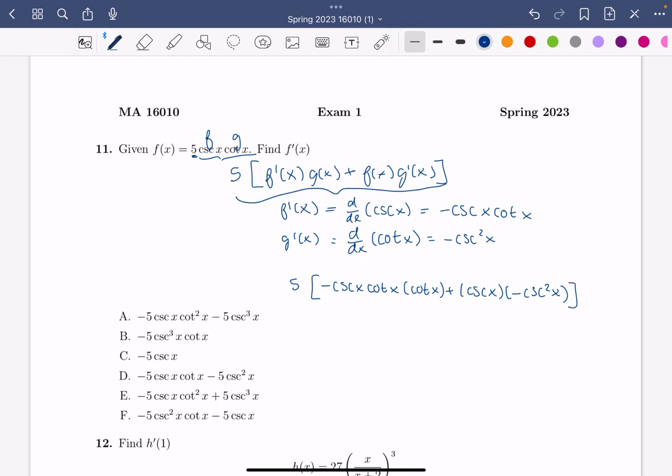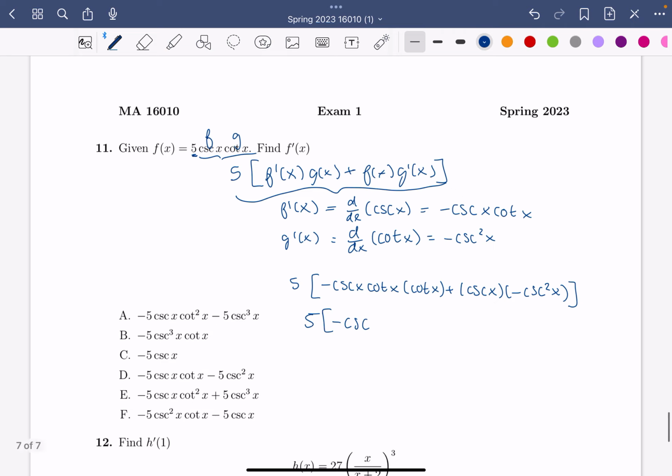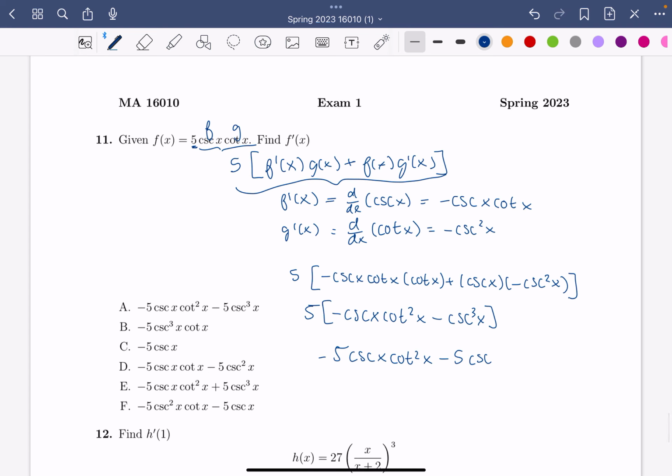Now, to simplify, we have negative cosecant, forgot the 5 in the front, negative cosecant x cotangent squared x minus cosecant cubed x. Lastly, distribute the 5, so negative 5 cosecant x cotangent squared x minus 5 cosecant cubed x. Now that looks like answer choice A.